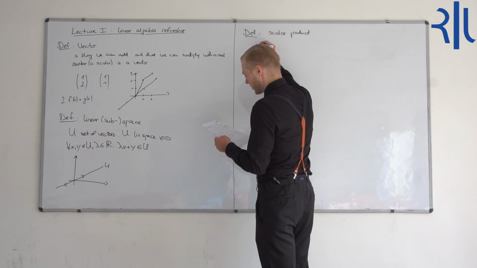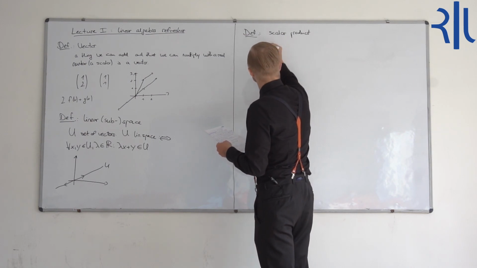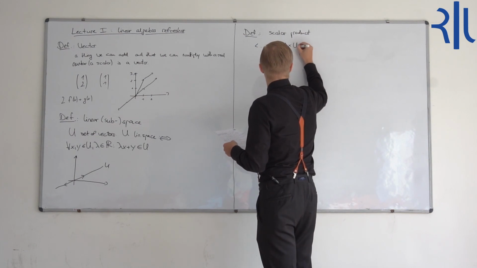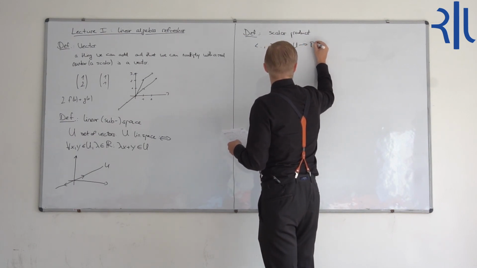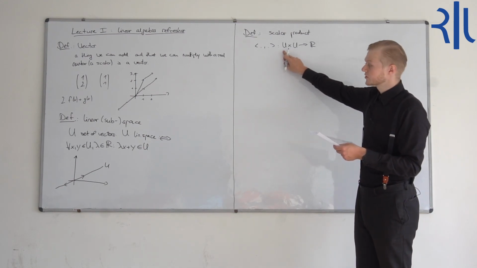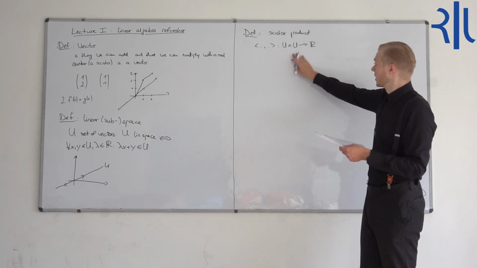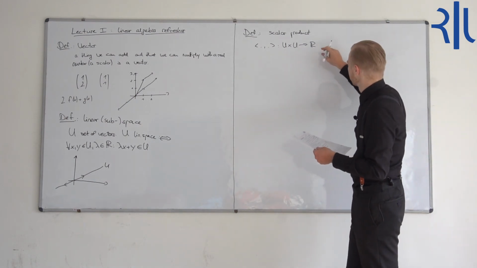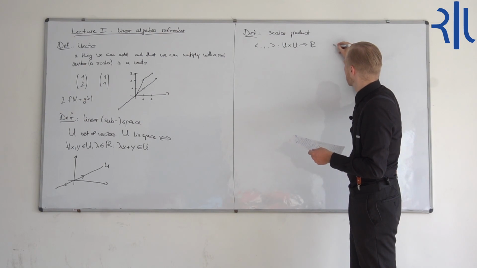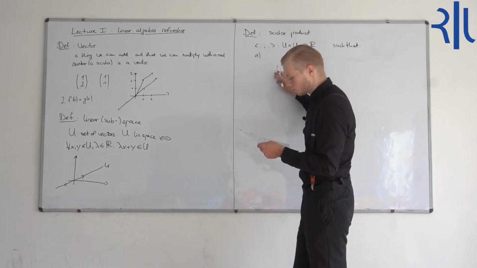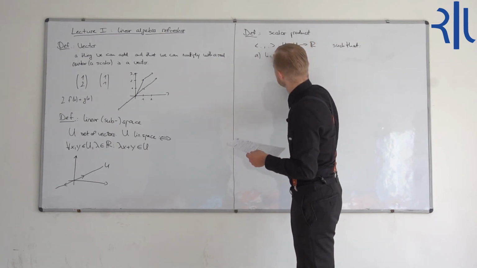Abstractly, a scalar product is a function that takes two vectors from some vector space U, some linear space U, and maps it to a real number, and it needs three properties. One of them is linearity.